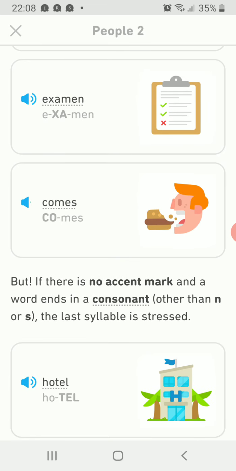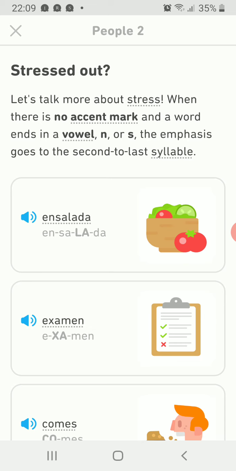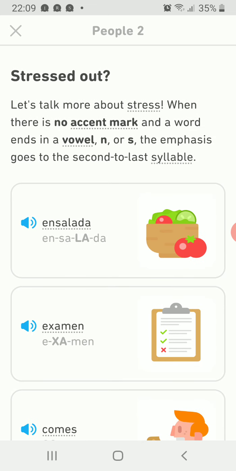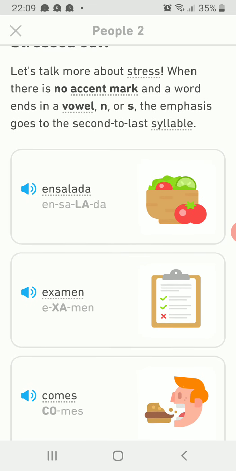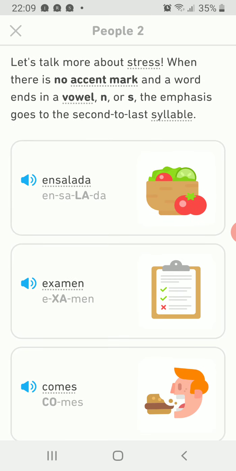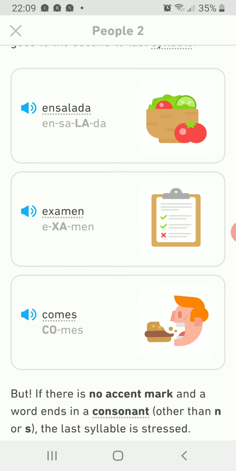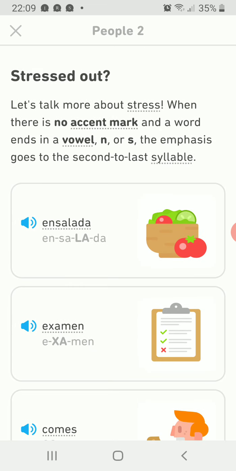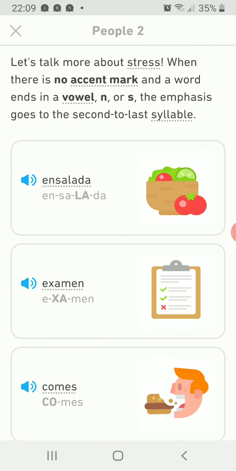But if there is no accent mark and a word ends in a consonant, other than N and S, things change.